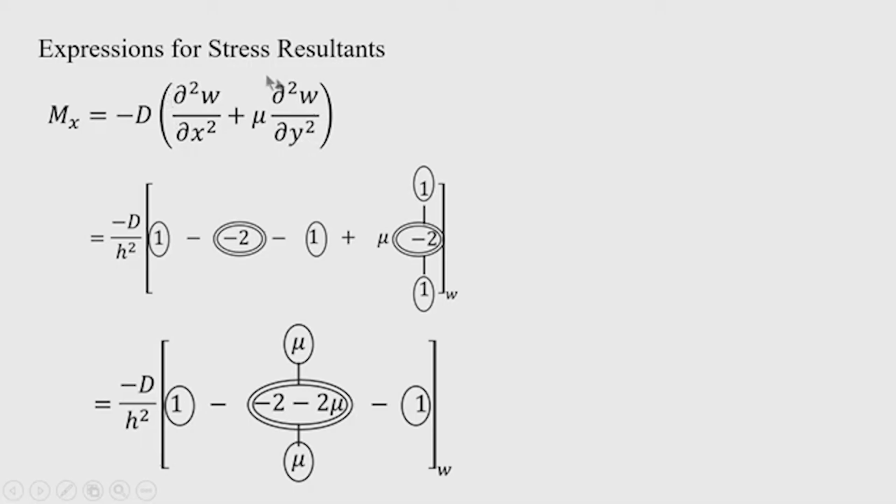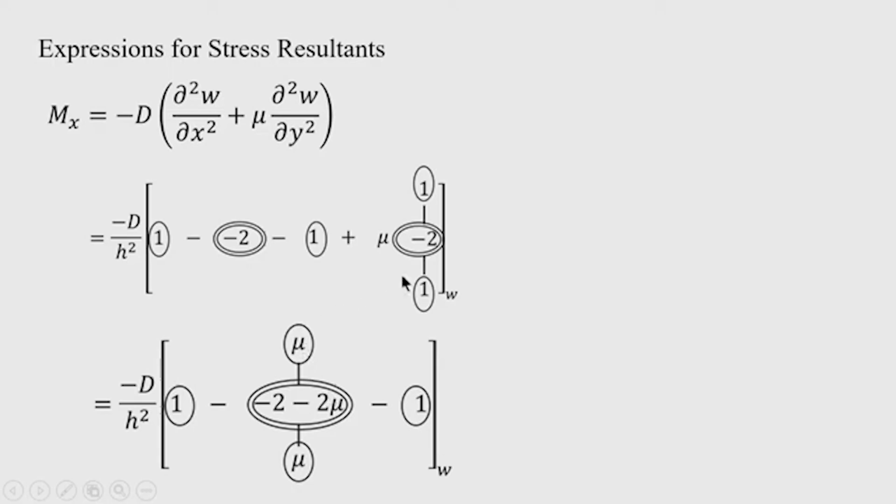If you combine these two derivatives, with the y derivative multiplied by mu, we write 1, minus 2, 1 and plus mu, minus 2, 1 and 1.